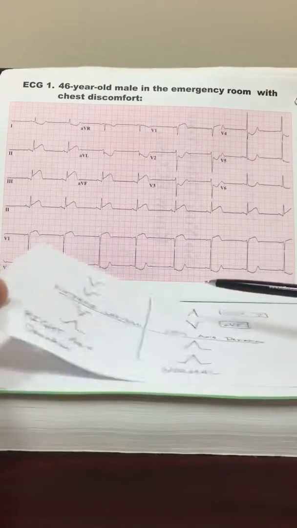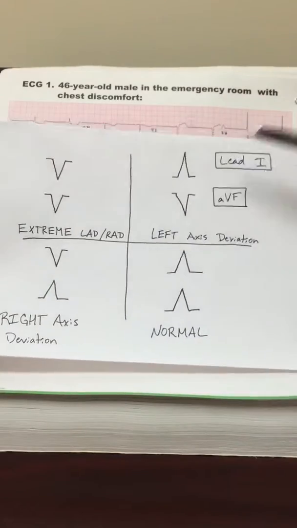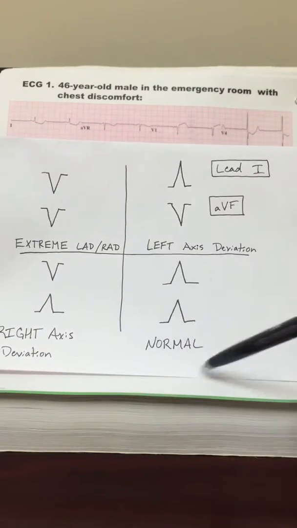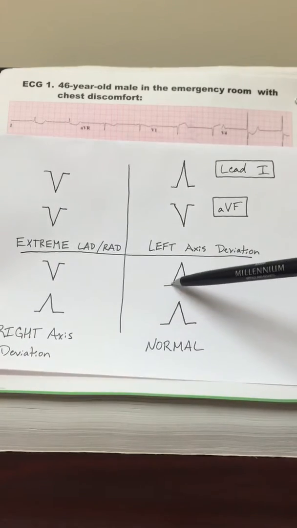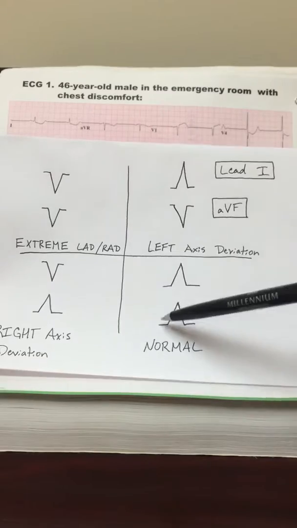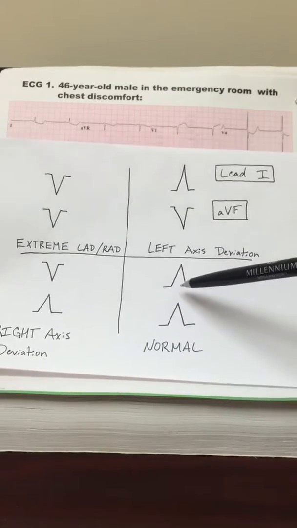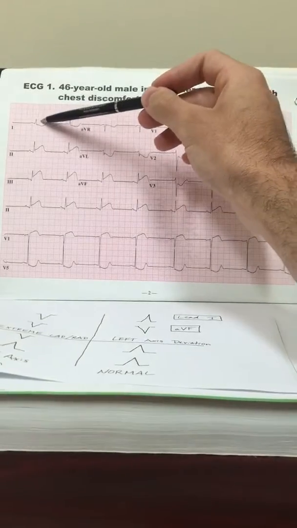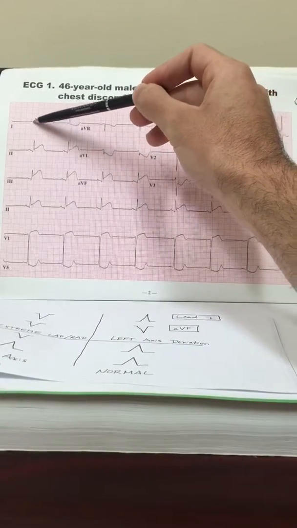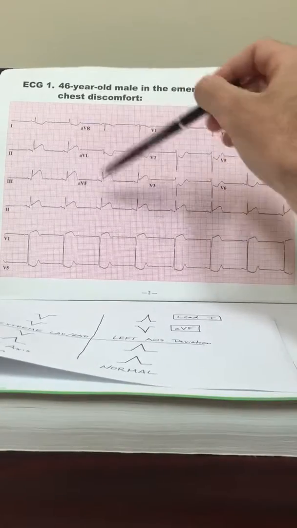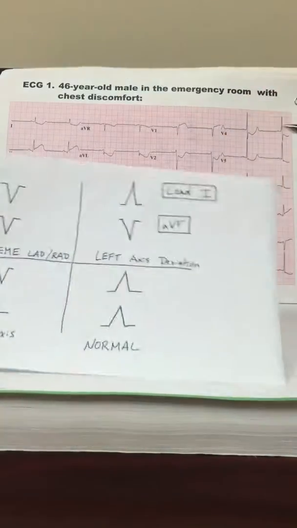And what you do is you focus on the QRS. If you have a normal axis, both the QRS in lead 1 and AVF will be up or positive, like this. And that's what we have in this EKG here. You can see positive QRS in lead 1 and positive QRS in AVF. So this will be a normal axis.